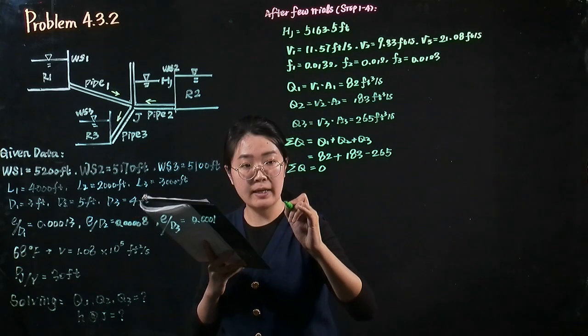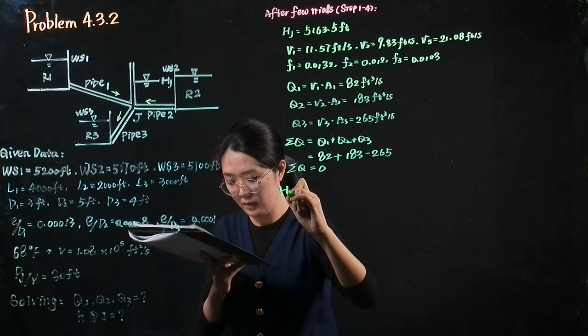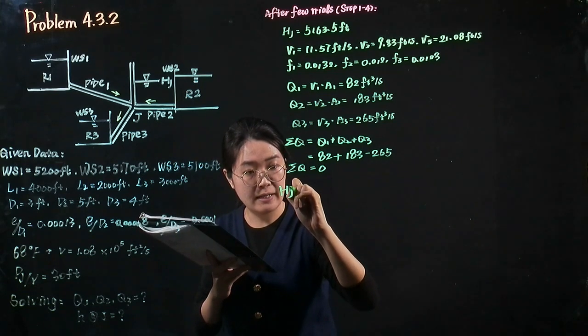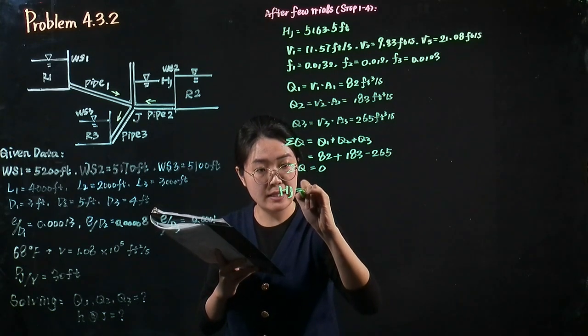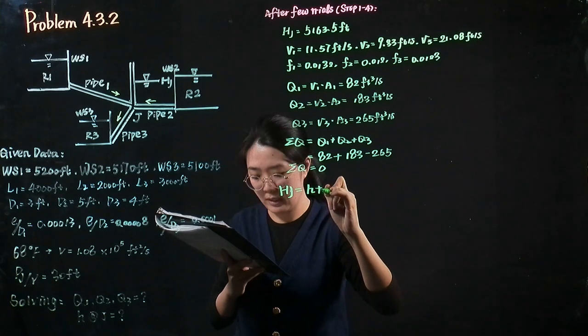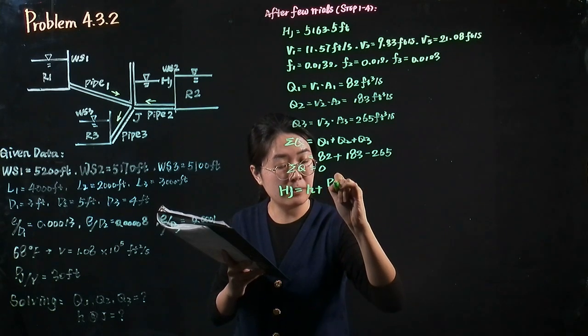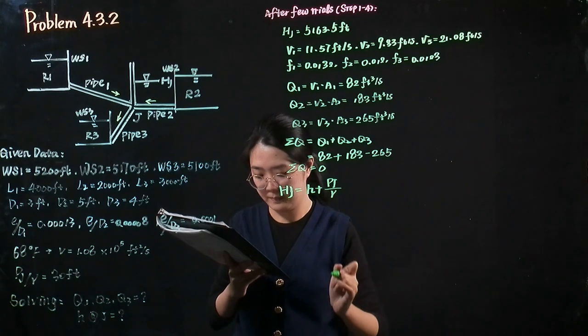And then we can calculate the elevation at the junction. The total energy at the junction J equals to elevation plus the pressure head.